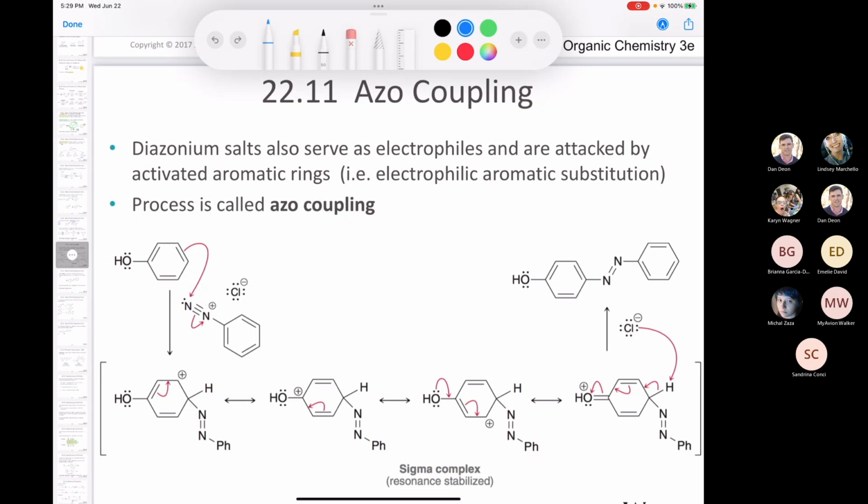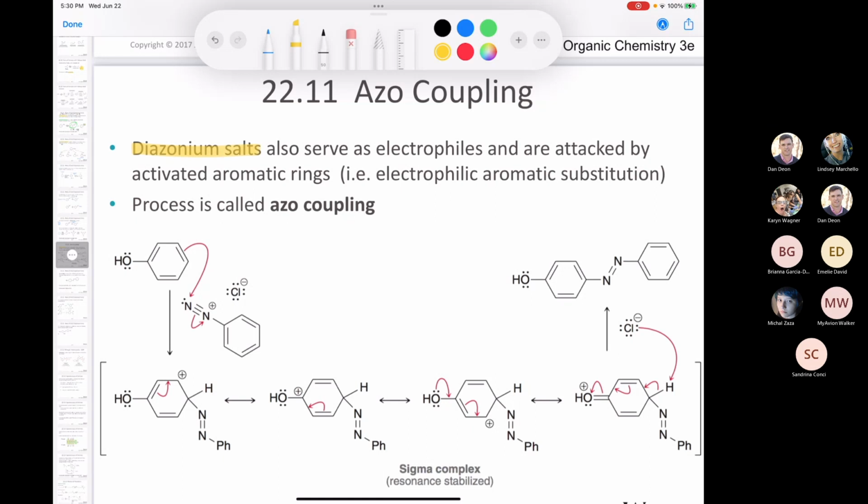And the dyes that are found in Fruit Loops, or Fruity Pebbles, I don't know, anyhow, are made via what's called an Azo Coupling, and that is made with a diazonium ion. So it says diazonium salts also serve as electrophiles and can be attacked by an aromatic ring if it's activated, and we call that Azo Coupling.